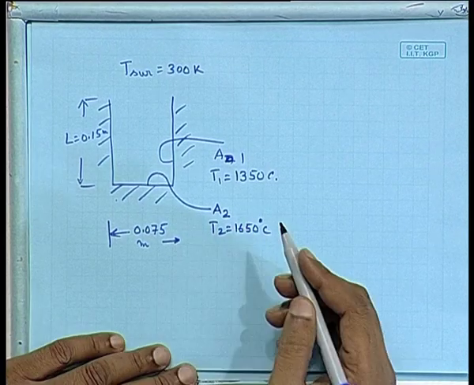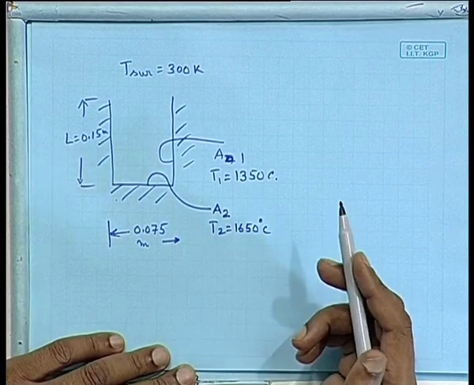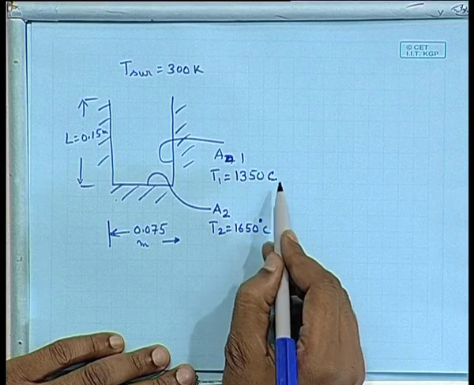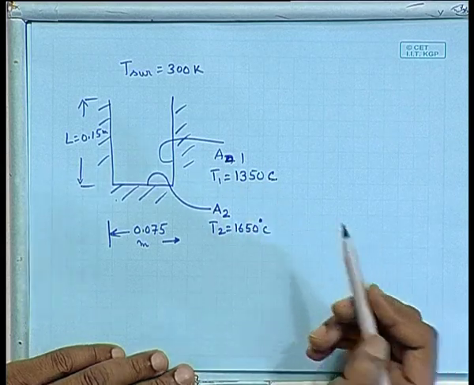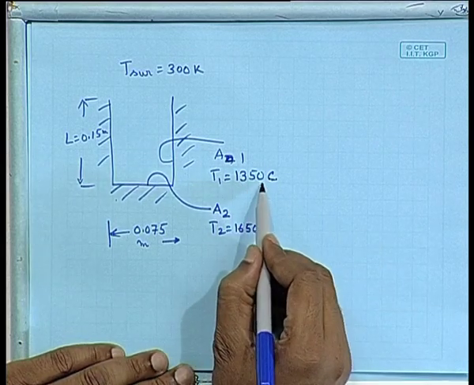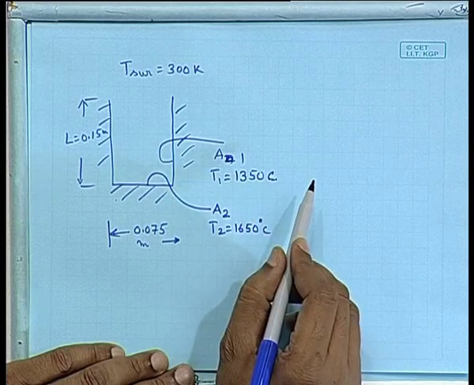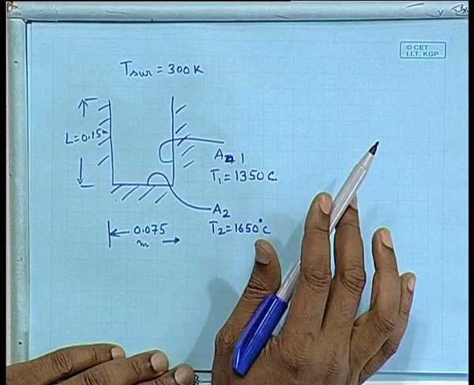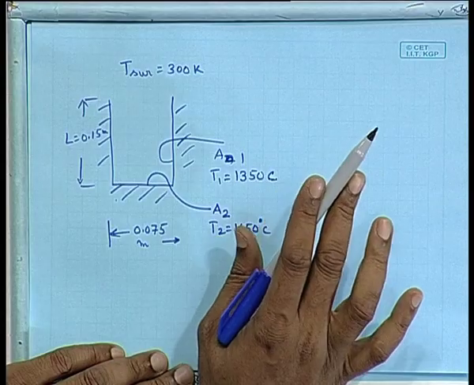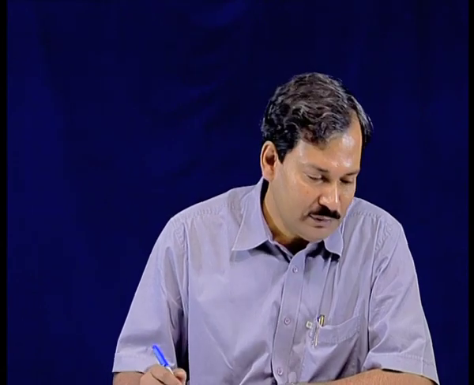I would like you to be very careful about something, because I have seen this mistake by many students. There is no place for centigrade in radiation. Whenever you see centigrade, make sure you have changed it to Kelvin. So don't make that mistake.